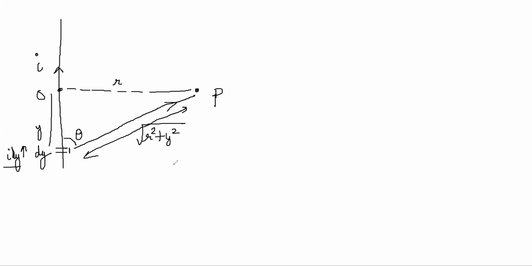Due to this, dB will be equal to mu naught by 4 pi I dy. dB at point P here. Let's just focus on the magnitude of it for now.